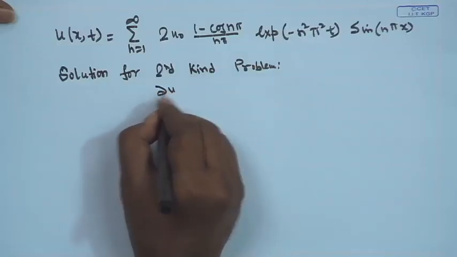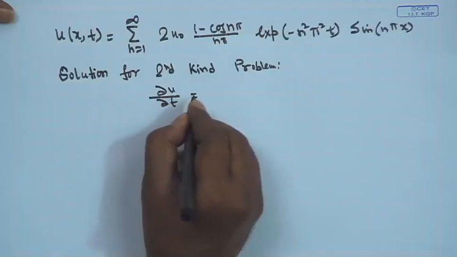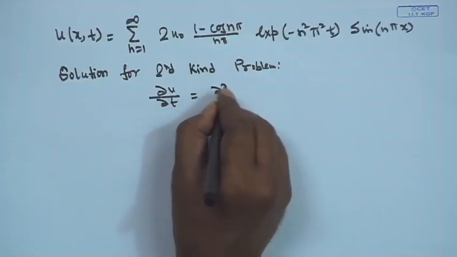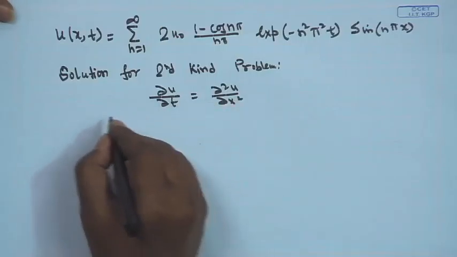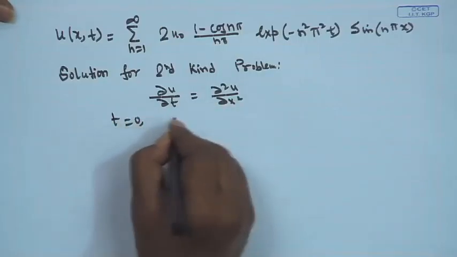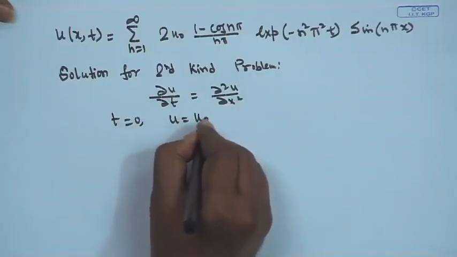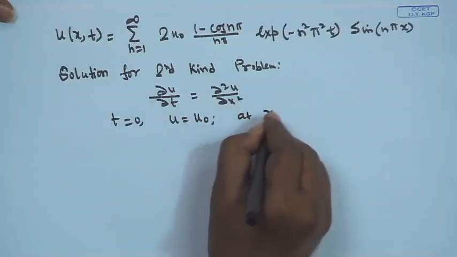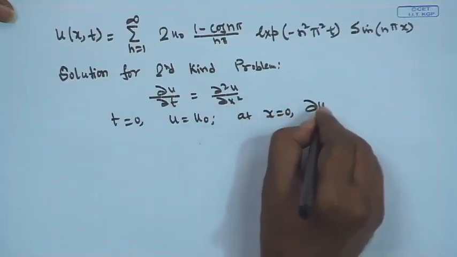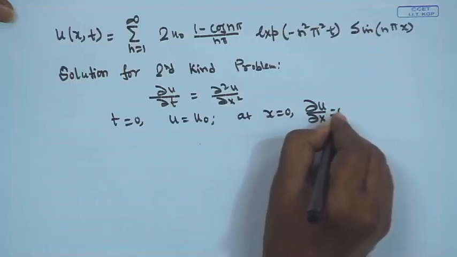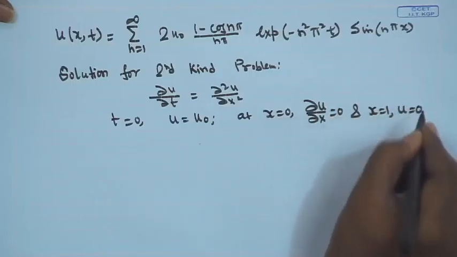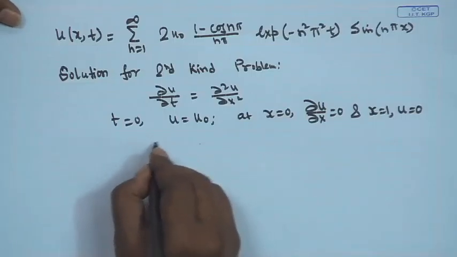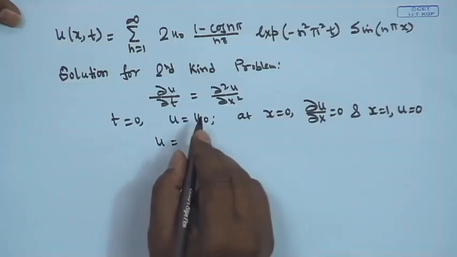So, we have del u del t is equal to del square u del x square, where at t equal to 0, we have u equal to u naught, at x equal to 0, we have del u del x equal to 0, and at x equal to 1, we have u equal to 0. So, again we will be looking for a separation of variable type of solution.